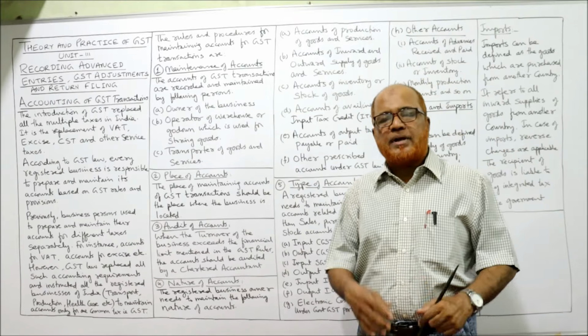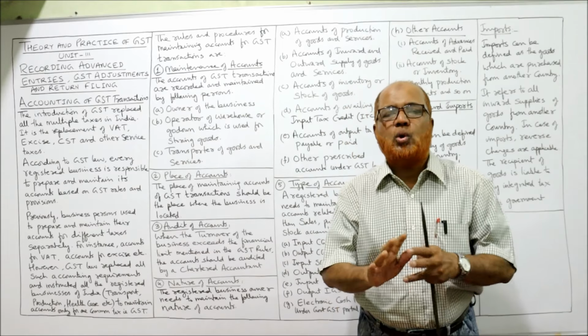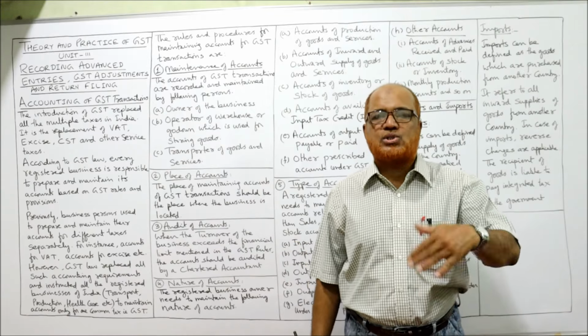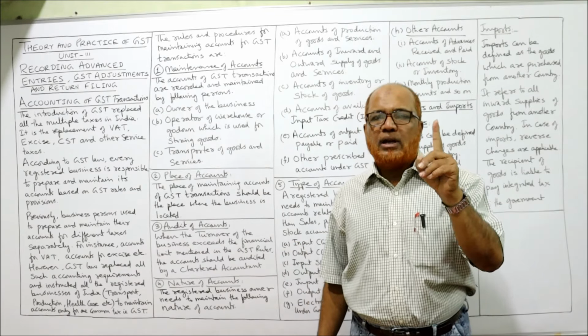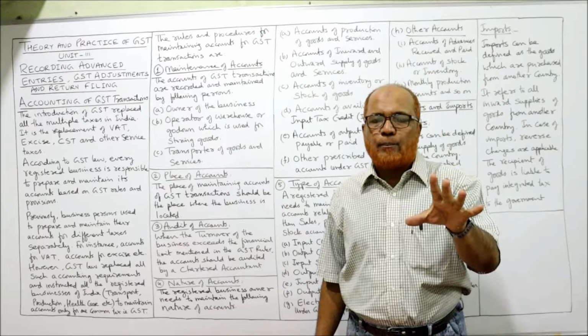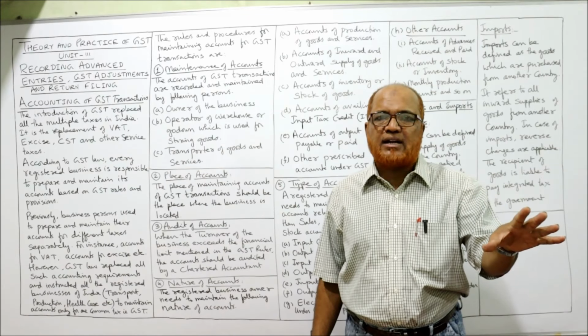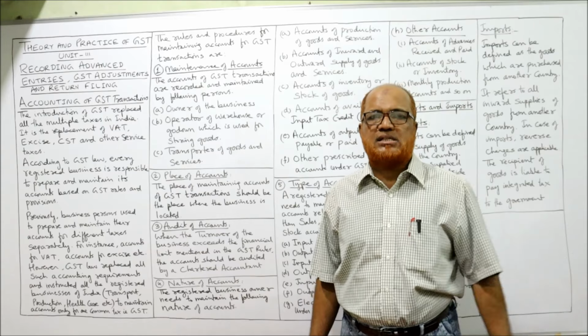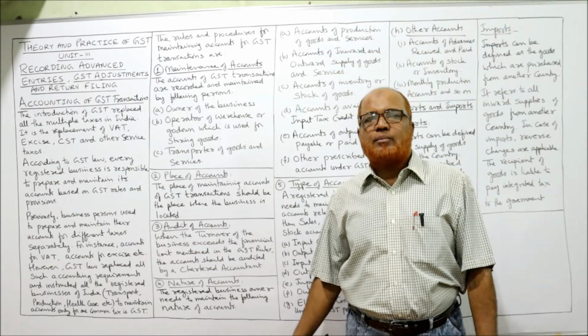So present GST law says there is no need of maintaining the accounts separately. Maintain only one set of accounts which should comply with the provisions of one common tax, that is GST. This is a brief explanation about the introduction.